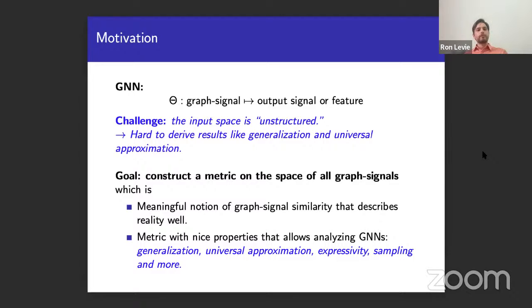And the metric should have good properties. We are going to prove that the space of graphs under this metric is compact, or more accurately, dense in a compact space, and on the other hand, message passing networks are Lipschitz continuous with respect to this metric.